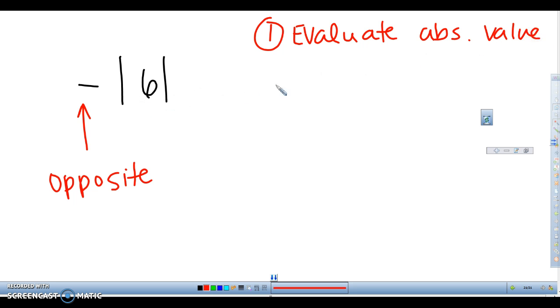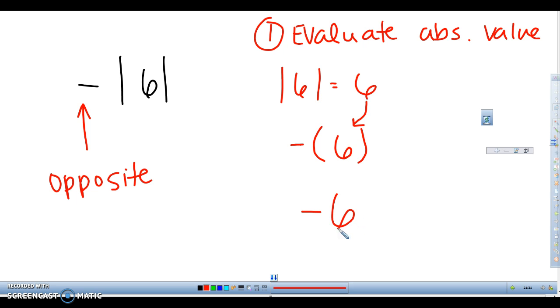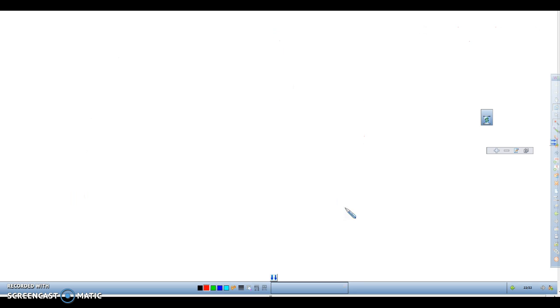The absolute value of 6 is 6. Then I'm going to take the opposite of my answer. The opposite of 6 is -6. Okay? So try this example on your own.